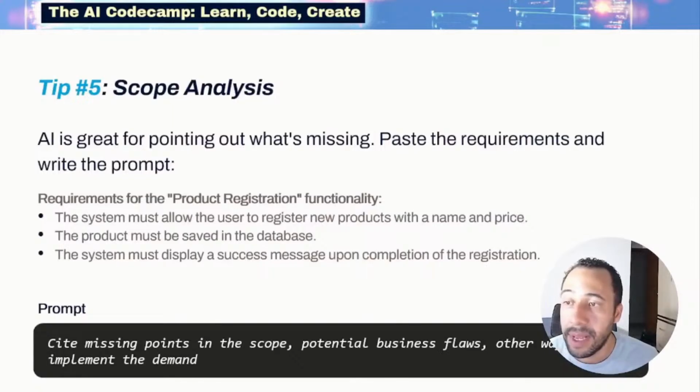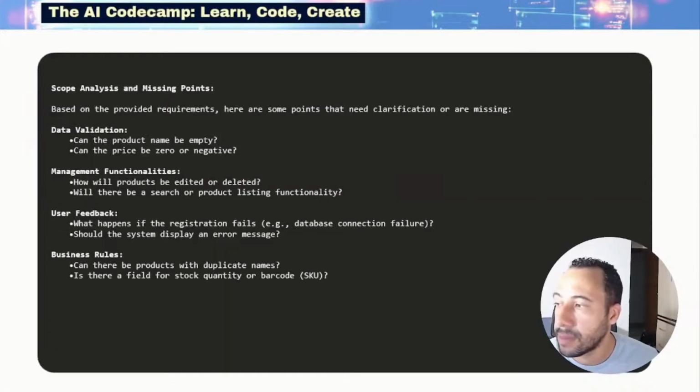Tip 5. Scope analysis. AI is great for pointing out what's missing. Pass in the requirements and write this prompt. See how it breaks down the problem.